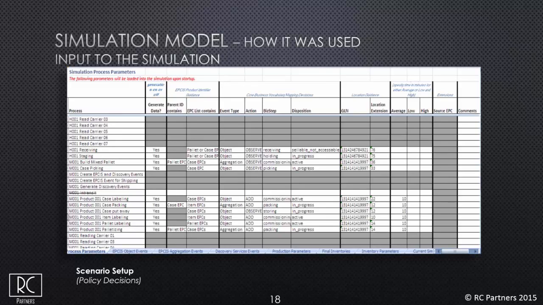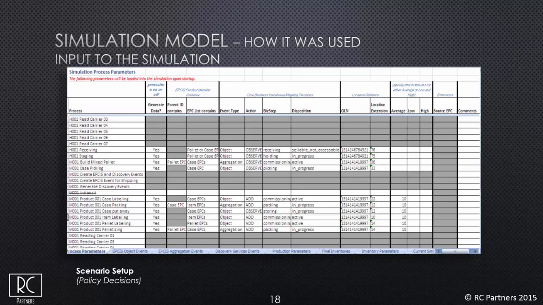So as we built this simulation, we decided that, as much as possible, we would alter the behavior of the simulation, and I'll show you how that works in a little bit, based on data as much as possible.